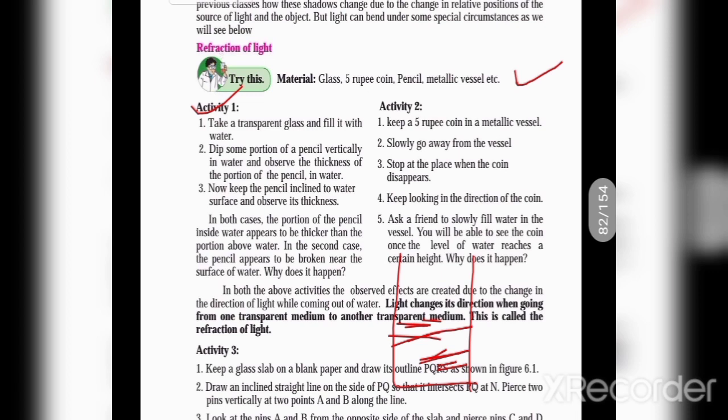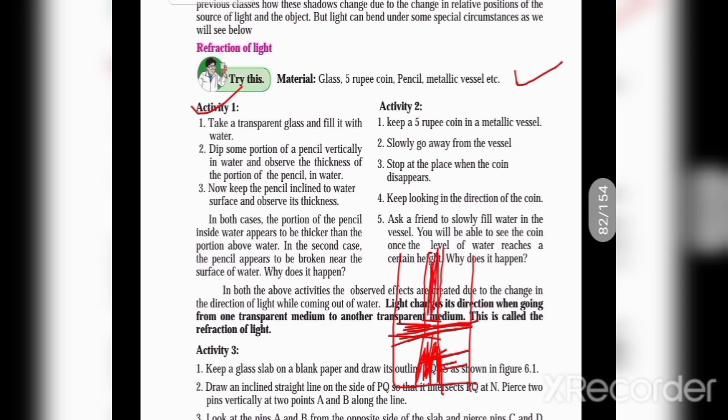Dip some portion of a pencil vertically in water and observe the thickness of the portion of the pencil in water. Understand that the thickness of the pencil inside the water is more as compared to this area.